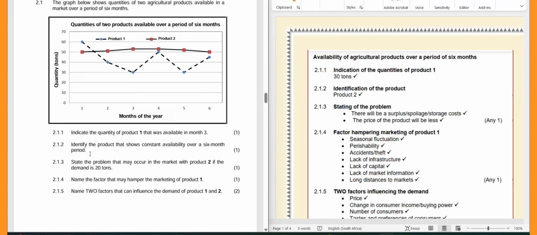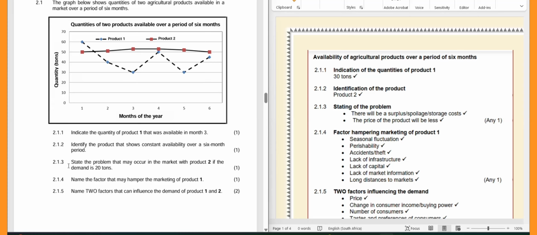2.1.3, state the problem that may occur in the market with product 2 if the demand is 20 tons. Okay, as you can see, the heading says the graph below shows the quantities of two agricultural products available in a market over a period of 6 months, which means that this is a supply. This is the supply of products in the market, right?